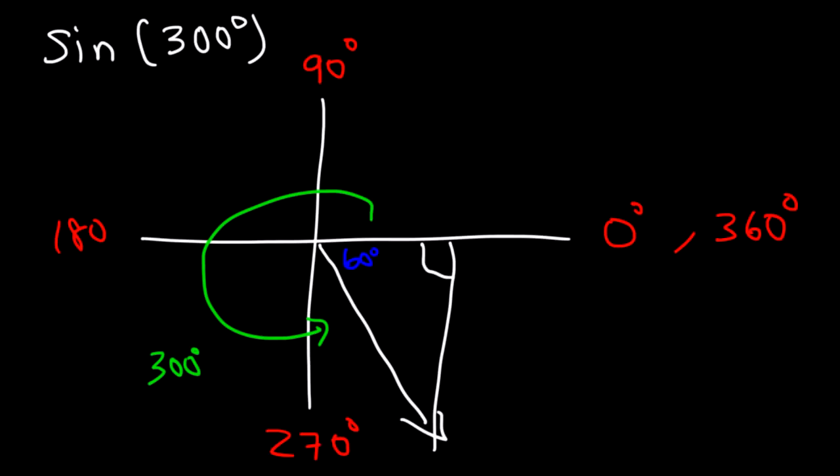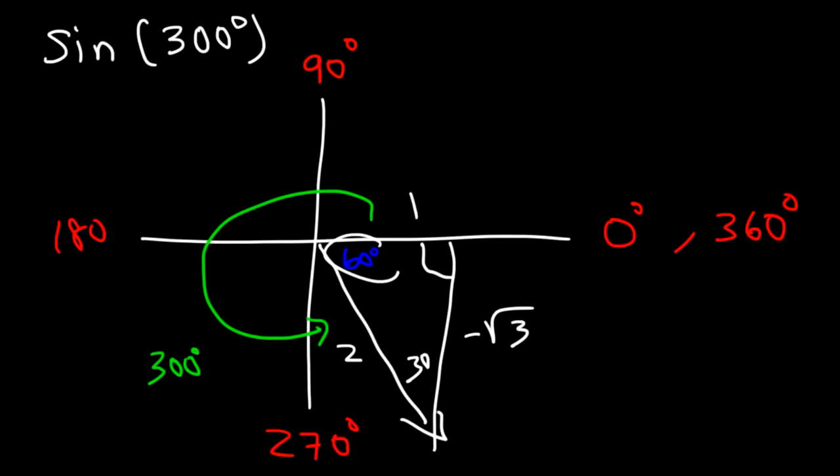So across 60, it's going to be root 3, but y is negative in quadrant 4. Across the 30 is 1. X is positive in quadrant 4. And across the 90, which is the hypotenuse, that's going to be 2. And we're always going to make the hypotenuse positive. So now we could find the value of sine of 300 using that right triangle.